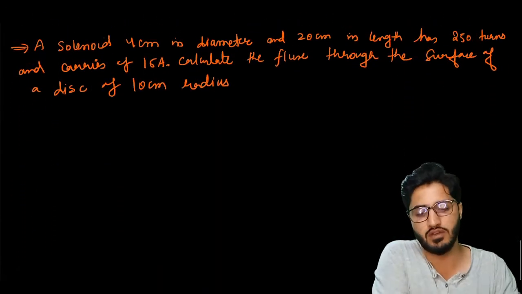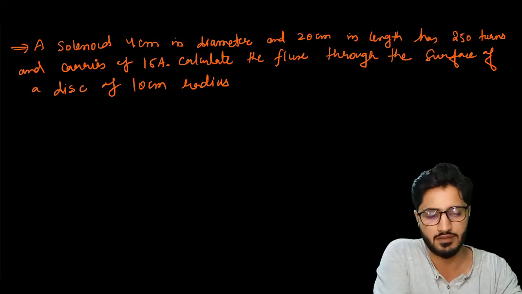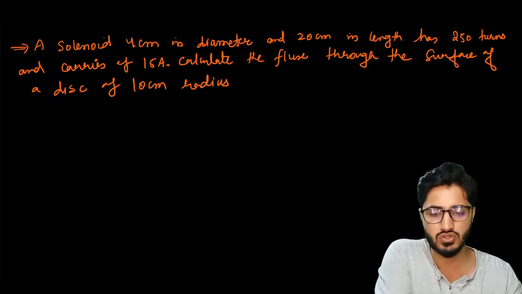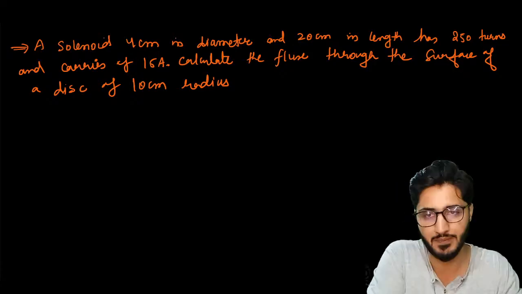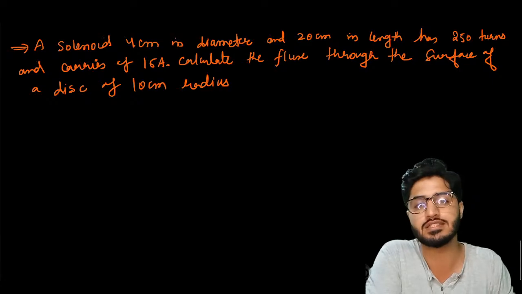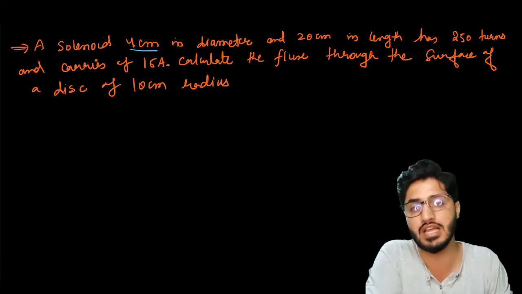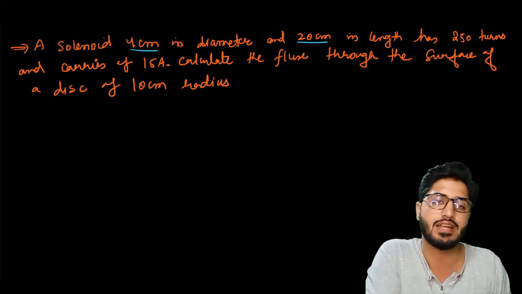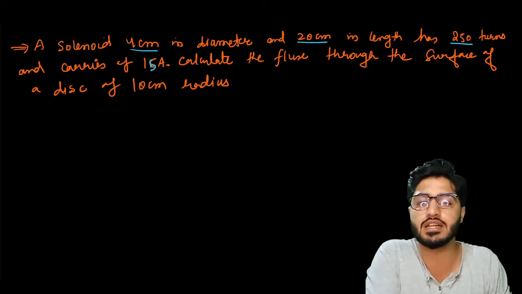Now today we will start our class with this particular question. We have a solenoid which is 4 centimeter in diameter and 20 centimeter in length, and it has 250 turns and carries 15 ampere current.